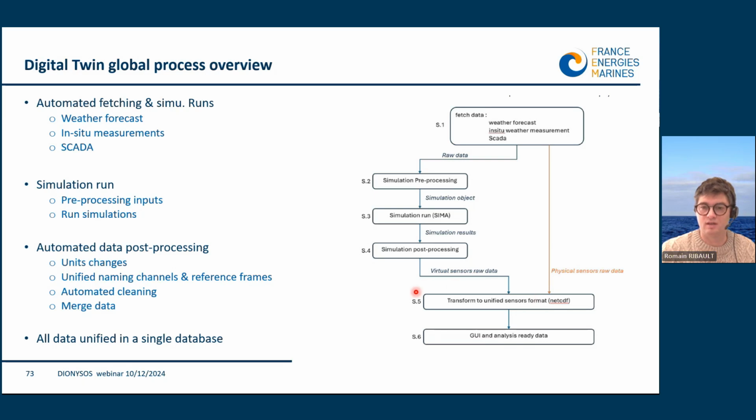So then at this step here, we transform both physical sensors and virtual sensors using the same routine, the same architecture, which allow us to transform in a unified format all the sensors in a database. So once we get that, it's quite easy to compare and to display the information for comparison.